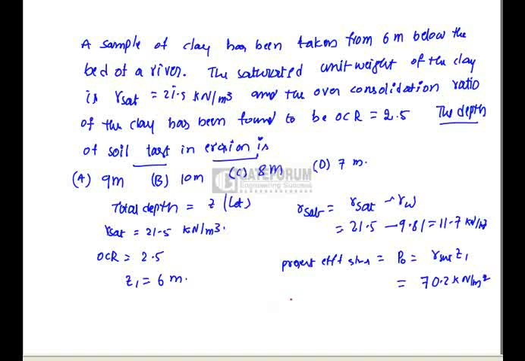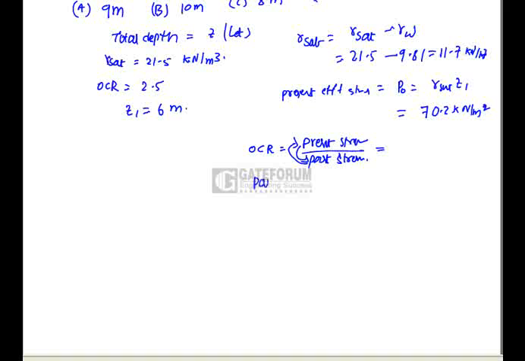So for the past maximum stress, we know the over consolidation ratio is equal to past stress by present stress. The past maximum pressure, let's say PC, is equal to P naught into over consolidation ratio, that is equal to 175.5 kilonewton per square meter.